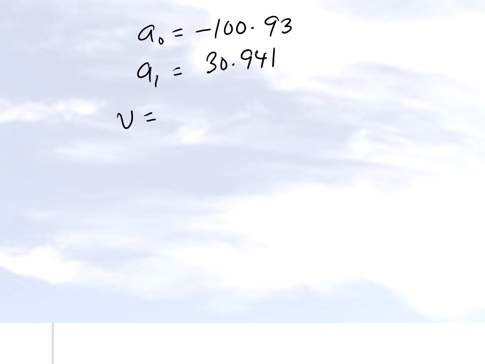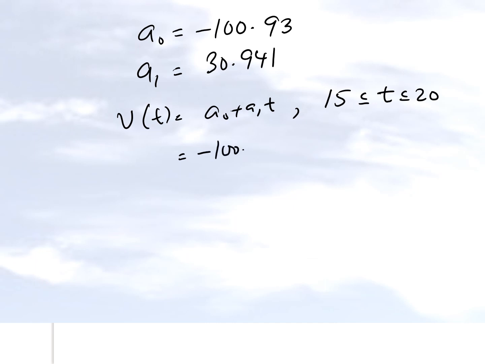We find a0 to be equal to minus 100.93, and a1 turns out to be 30.941. So our original expression, v of t equal to a0 plus a1 t, and keep in mind this expression is valid only between 15 and 20, becomes this.